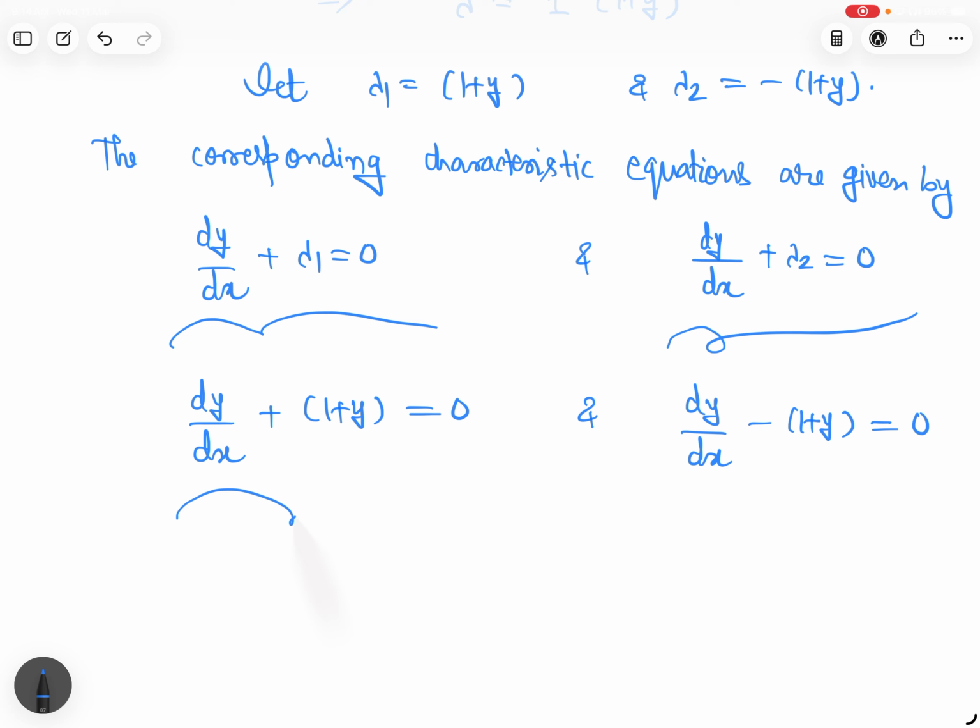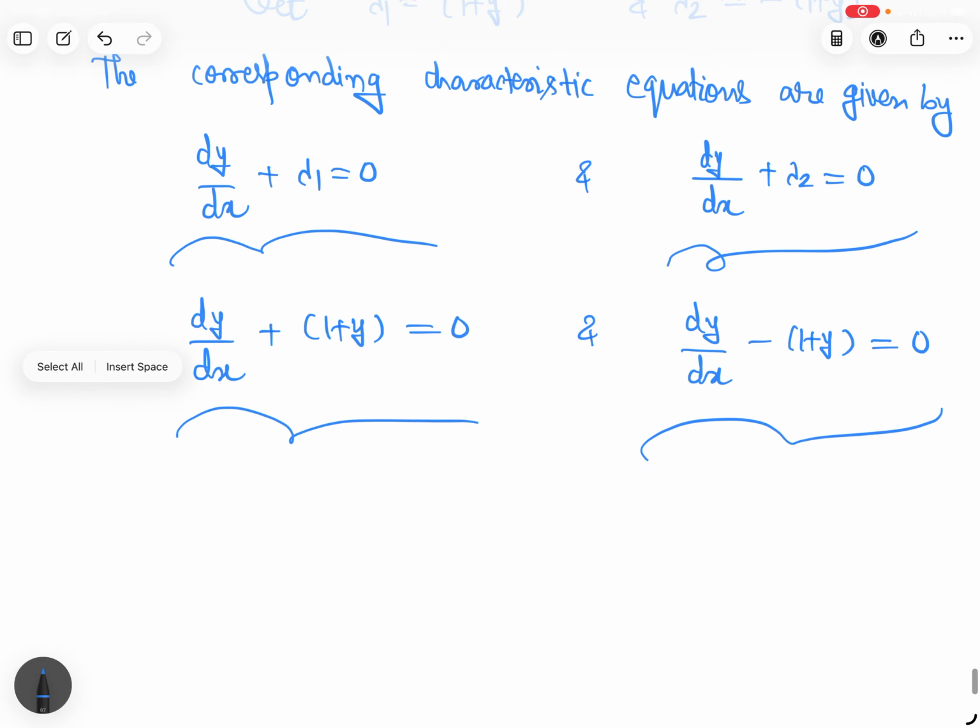Now we have to solve this differential equation. How to solve? You have to use the variable separable method. You have to bring the y terms to one side and the x terms to the other side. I can change this differential equation like this. I will divide both sides by 1 plus y, and dx goes to the other side.